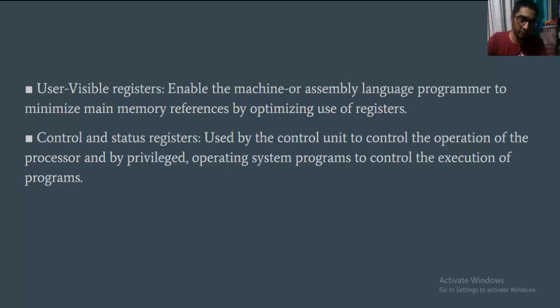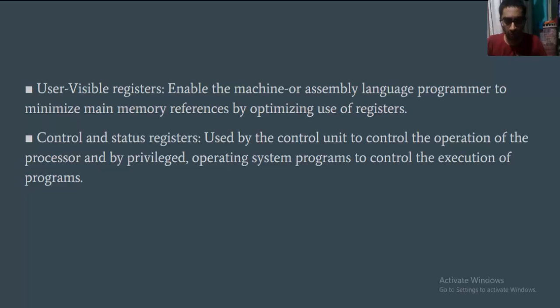So the first use is for the application programmer, the assembly level programmer, where he can use these registers as a form of memory instead of the cache. So you will be reducing your accesses to cache by using a smaller, closer form of memory to the processor, which is the user visible registers.